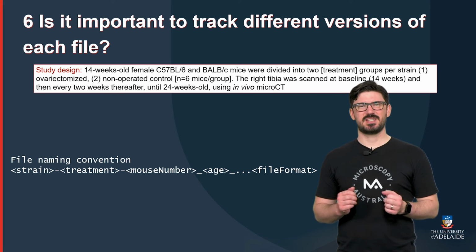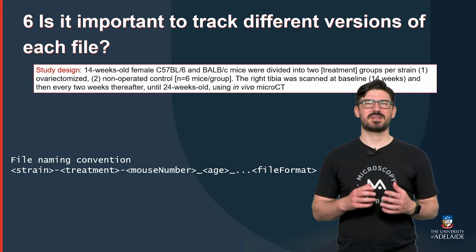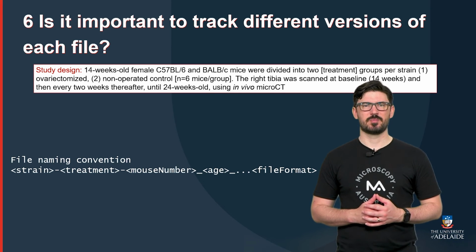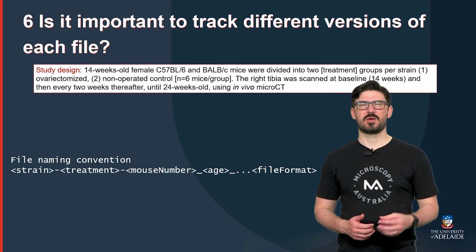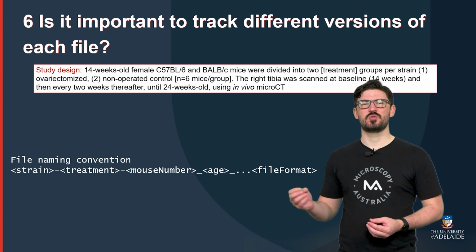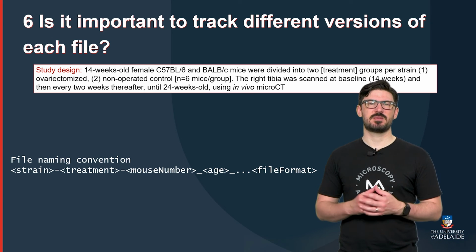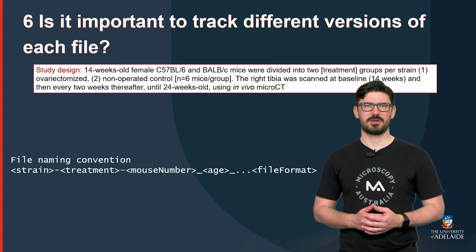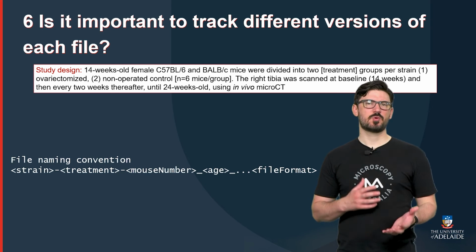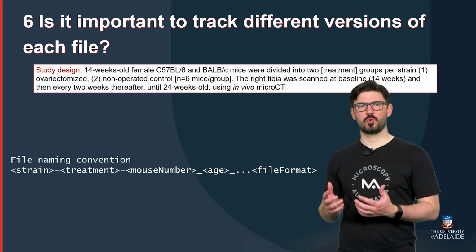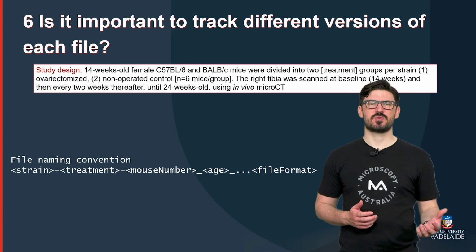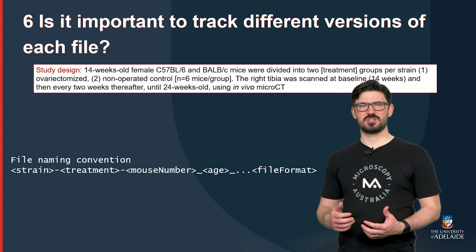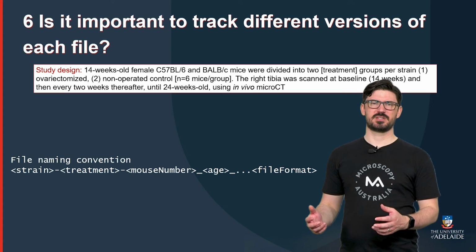So in step 6, it asks, is it important to track different versions of each file? I alluded to this in step 1, where the raw data is changed and new images are created at different steps in the image processing pipeline. In a typical micro-CT workflow, the raw or projection images are reconstructed, and the reconstructed images are likely filtered and then binarized.